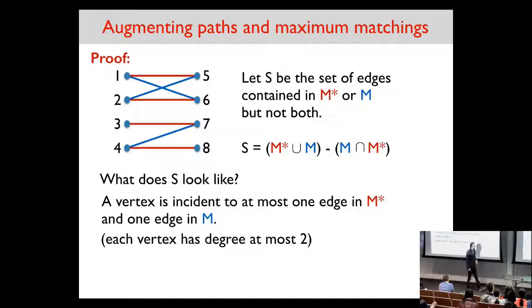The first thing we can observe is that a vertex in S is incident to at most one edge in M star and one edge in M. It cannot be incident to two edges in M because then M would not be a matching. Similarly for M star. So each vertex has degree at most 2, and if it does have degree 2, then one of those edges is blue and the other one is red.